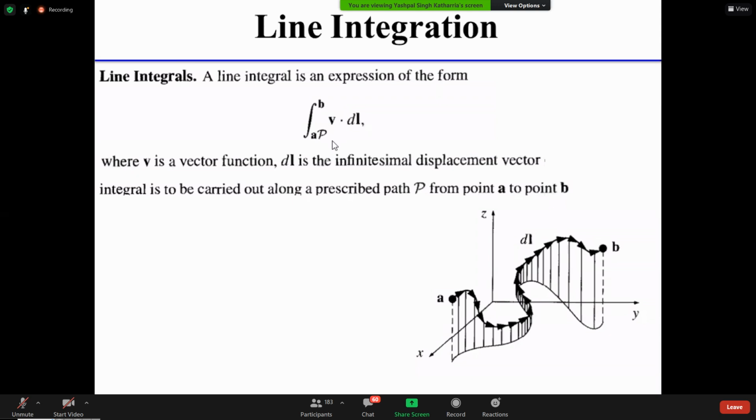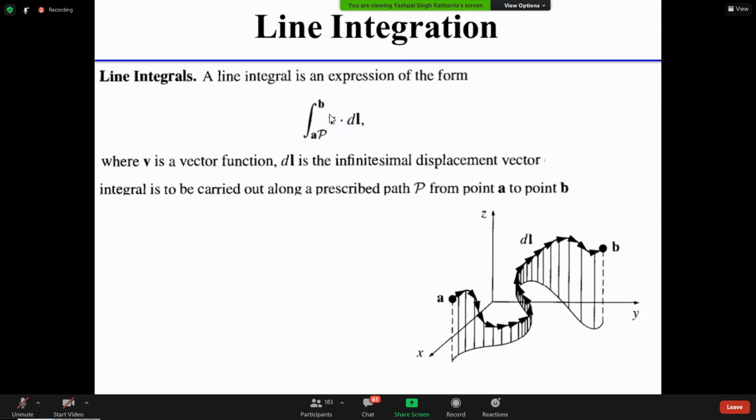This vector v here is integrated along a particular path, P meaning path here, that goes from point A to point B. And this vector v can actually change direction. So what we will do is divide this path into small dl elements, then take this v dot dl at all those elements and add them up. That addition is simply the integration, v dot dl integration.